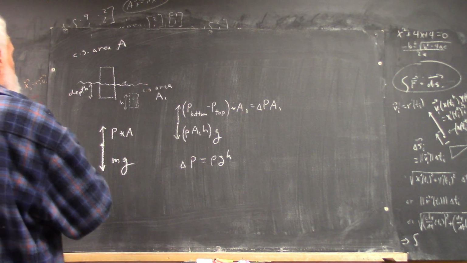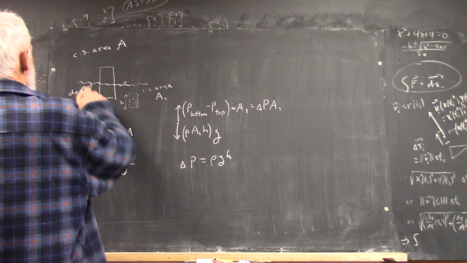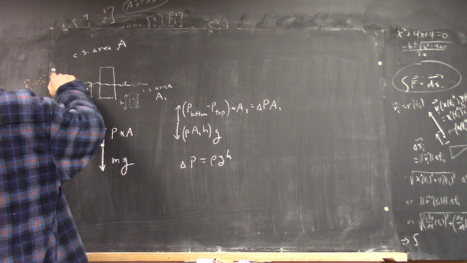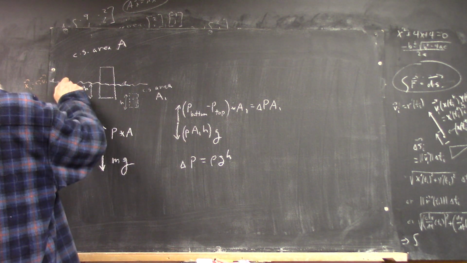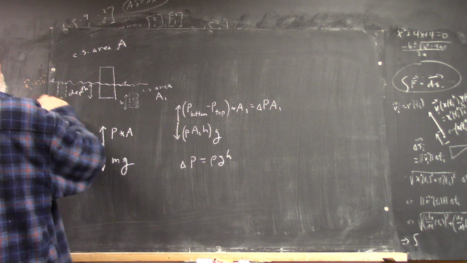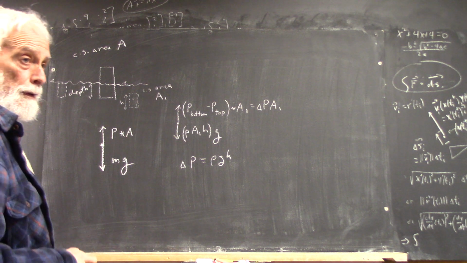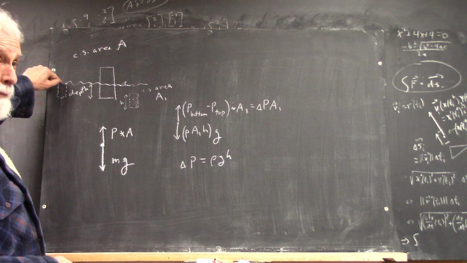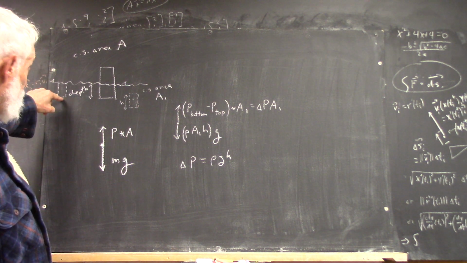So, if we had a little cylinder, we'll put another cylinder over here just to be sure we know it's water. One side at the top of the water, the other side down here, right?